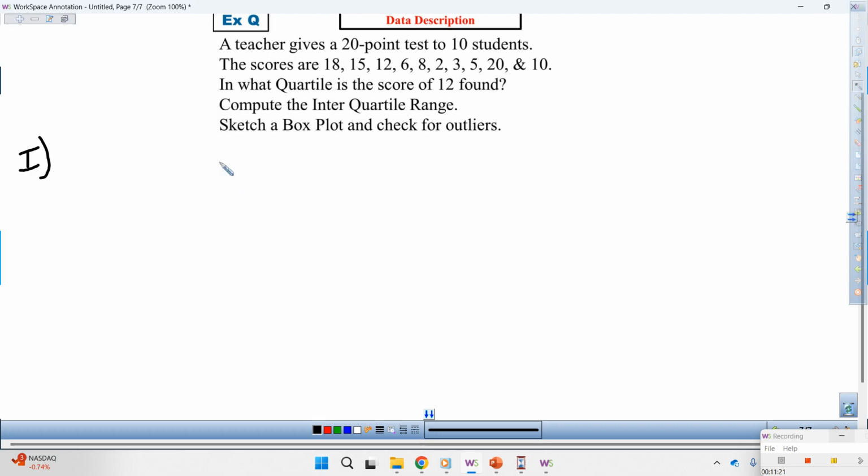Ascending order, that is correct. 2, 3, 5, 6, 8, 10, 12, 15, 18, and 20.